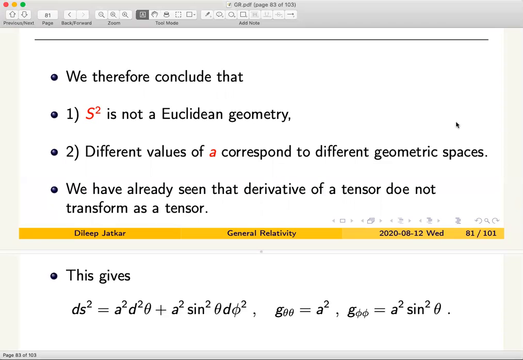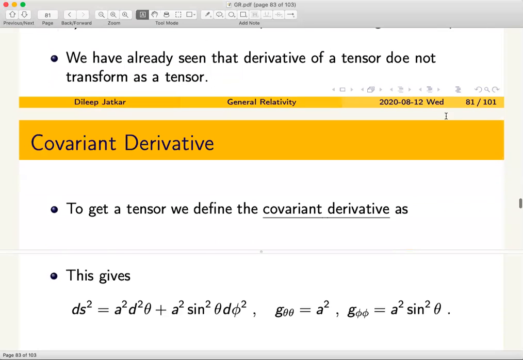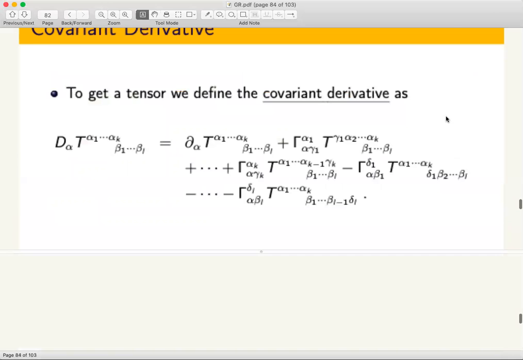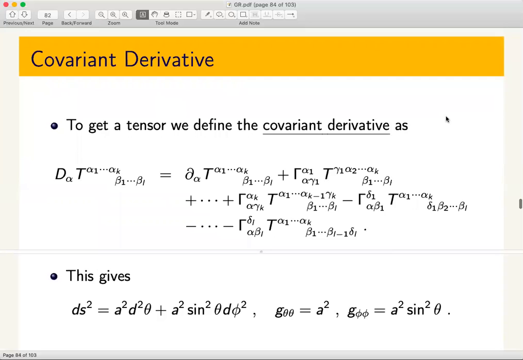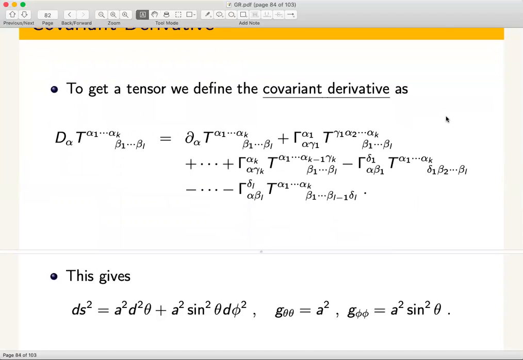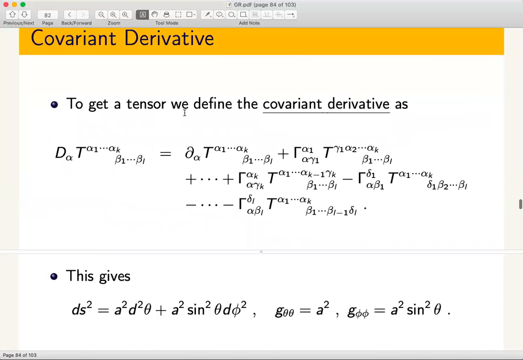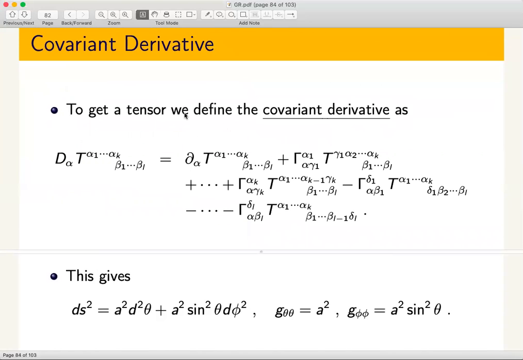The metric was a second rank covariant tensor. We took its partial derivative and we found that it doesn't transform like a tensor. So therefore, what we could do is define a new kind of derivative, which will ensure that when you take a derivative of a tensor, it still returns you a tensor.